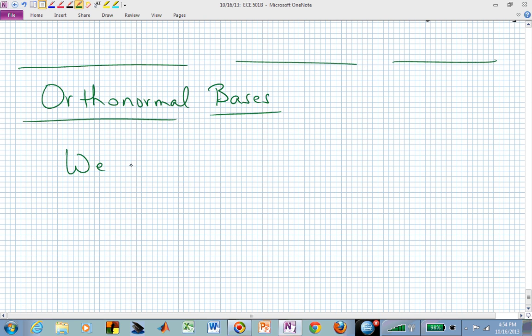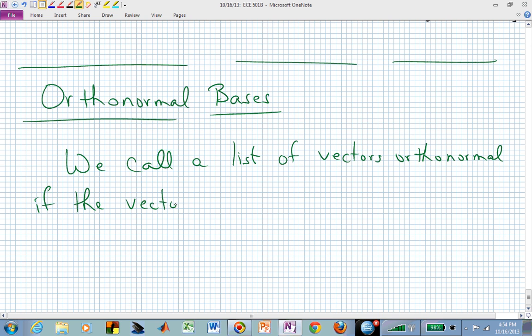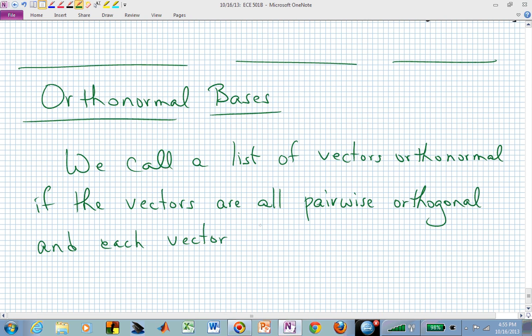So we call a list of vectors orthonormal if the vectors are all pairwise orthogonal and each vector has a norm of 1.